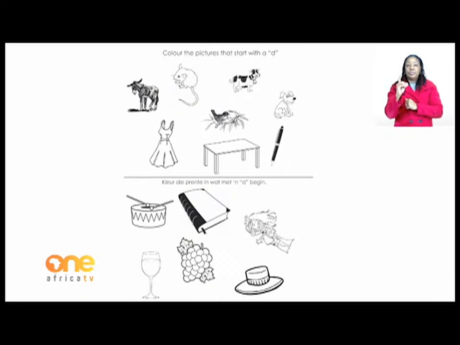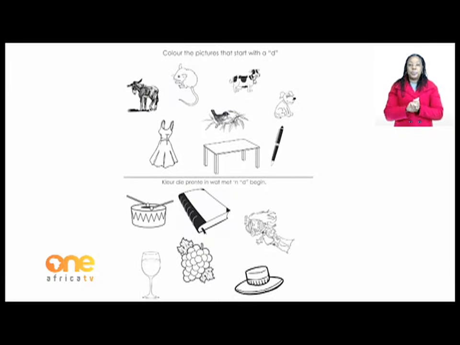What pictures do we see? I can see a donkey, a mouse, a cow, a dog, a bird, a dress, a table, and a pen.